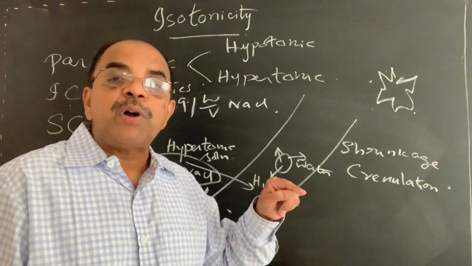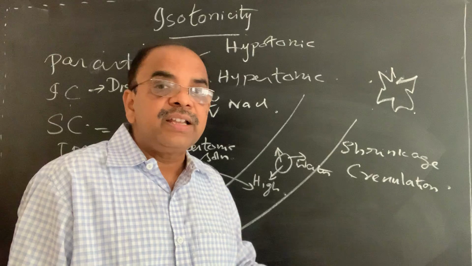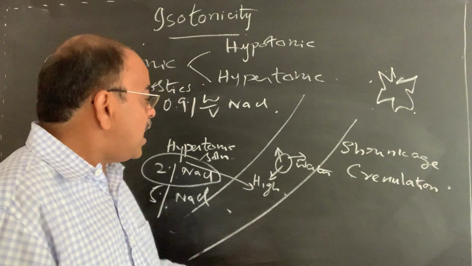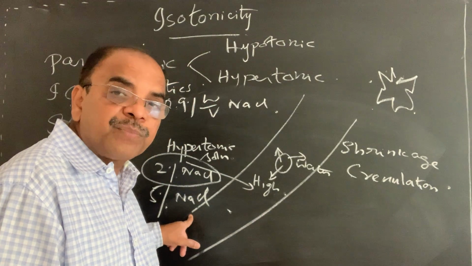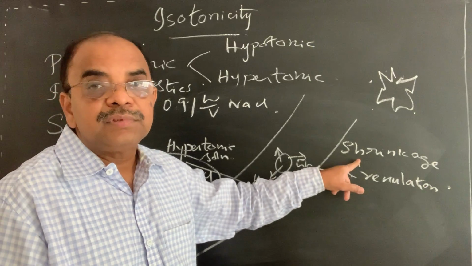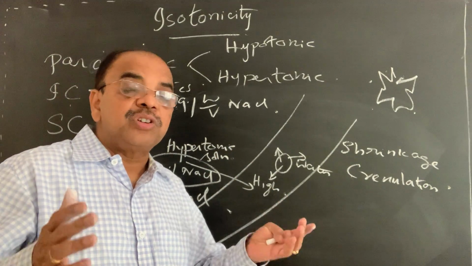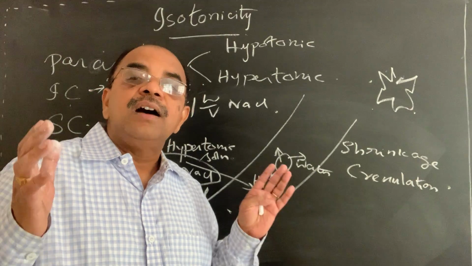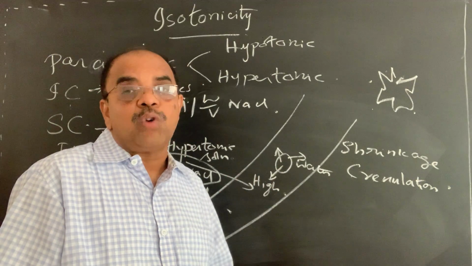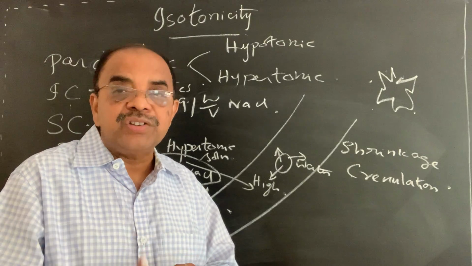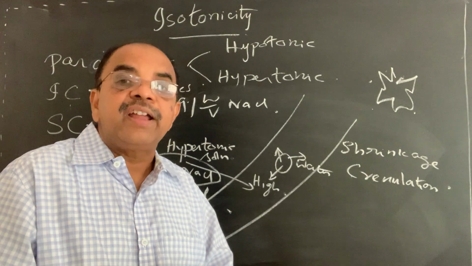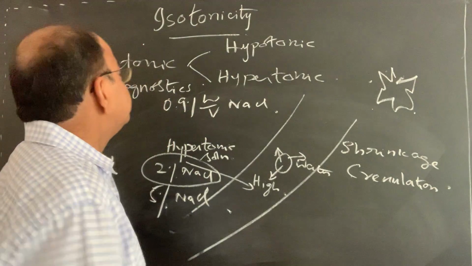What is the other name for the 0.45% solution? Fragility point concentration. And a 5% solution causes crenulation, right? So this is about the importance of isotonicity. We must maintain the isotonic solution. To what extent is required depends upon the route of administration and the volume of fluid you are injecting. That we'll see now.